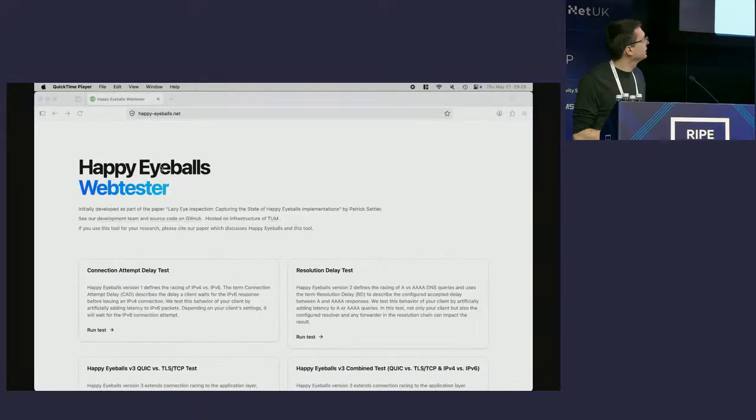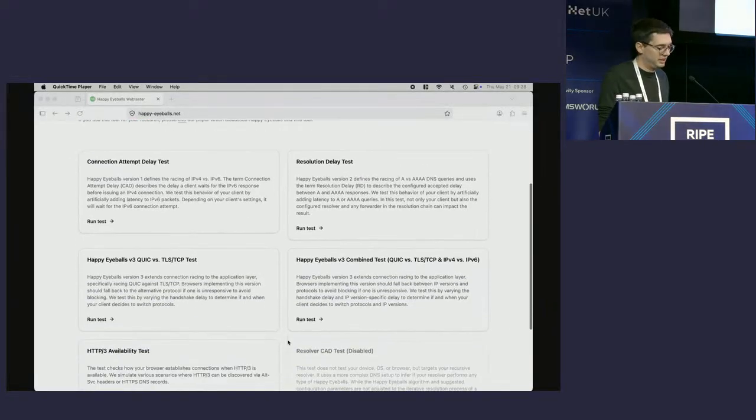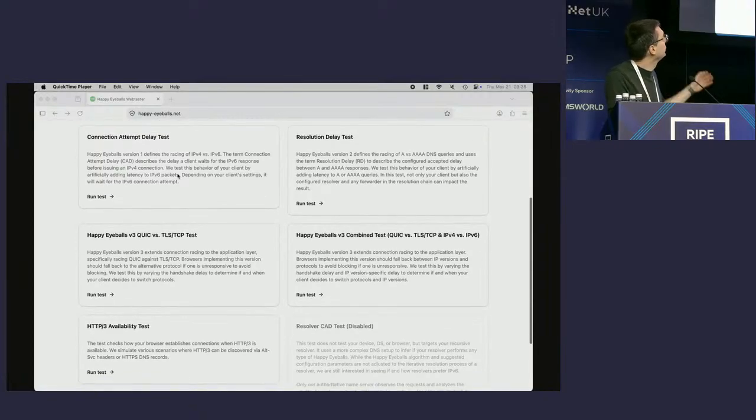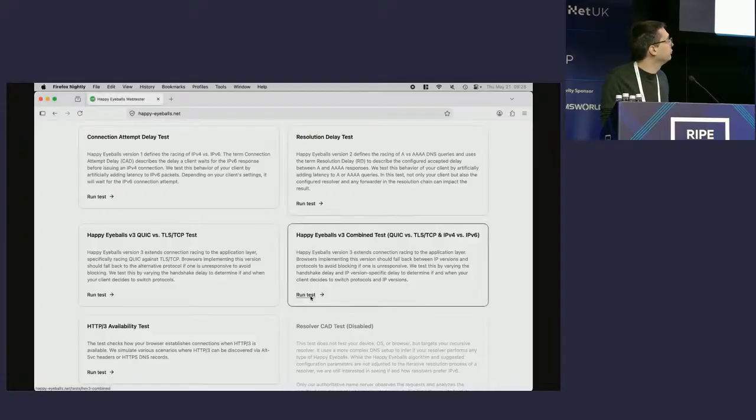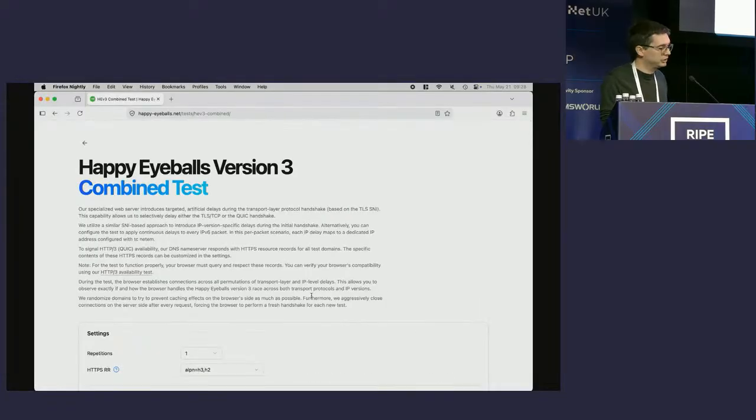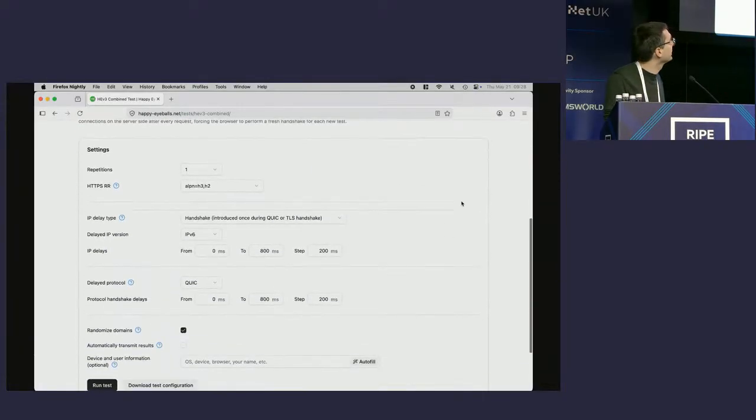So here you see our website, and you see the different tests which you can select from. Like I said, we now want to look into this combined QUIC and IP version delay test. At the beginning, you will also see some explanation of what it actually does so that you can understand it.